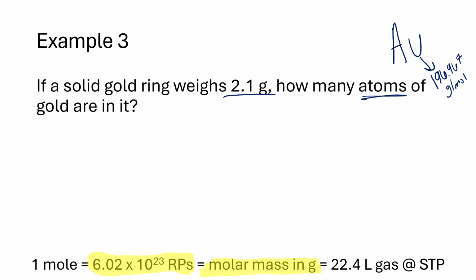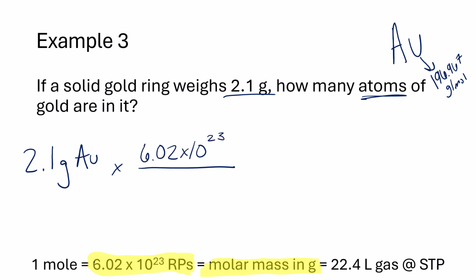We are starting with 2.1 grams of gold, and in order to get to atoms, I need to have what I want on top, which in this case is the representative particles, 6.02 times 10 to the 23rd. That's going to be atoms per mole.